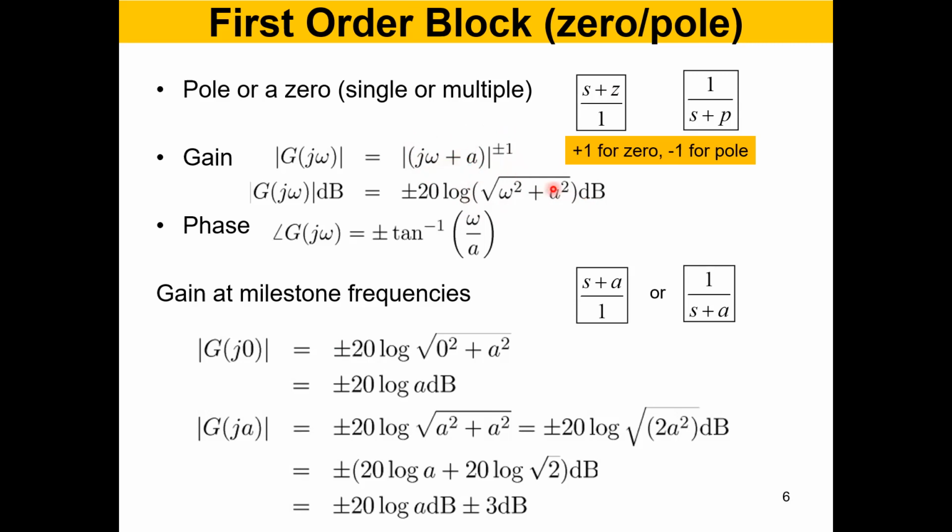So you have a squared plus omega squared. The square root of omega squared plus a squared is the actual absolute magnitude, but you take the log of it and multiply by 20, and you say dB, decibel.